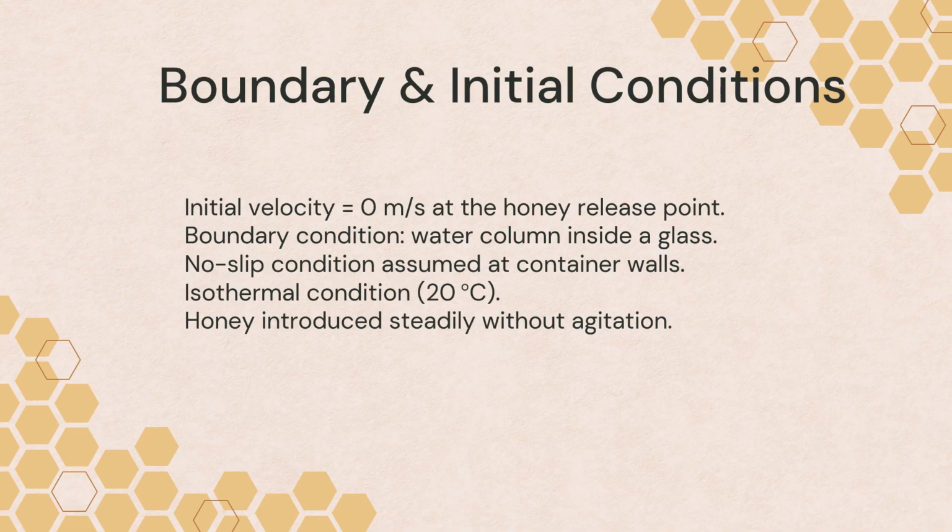I also assumed a non-slip condition at the walls of the glass, meaning the fluid right next to the glass wasn't moving relative to it, which is a pretty standard assumption in fluid mechanics. Also, I kept everything at room temperature, around 20 degrees, and I tried to maintain an isothermal condition throughout the experiment. And finally, I introduced the honey as smoothly as I could without stirring or shaking the glass so the flow wouldn't be disturbed right from the start.